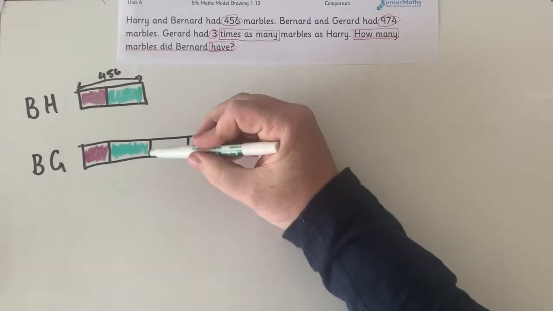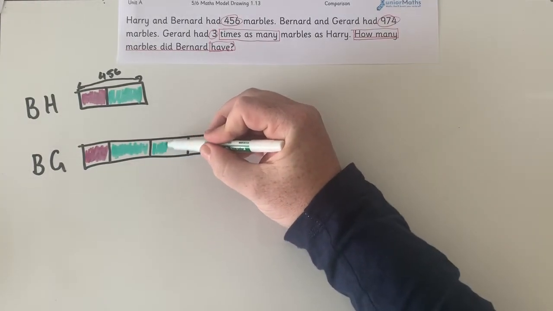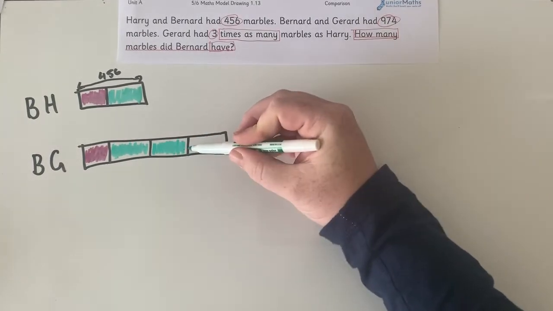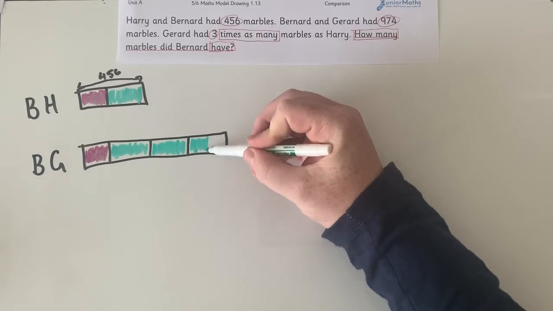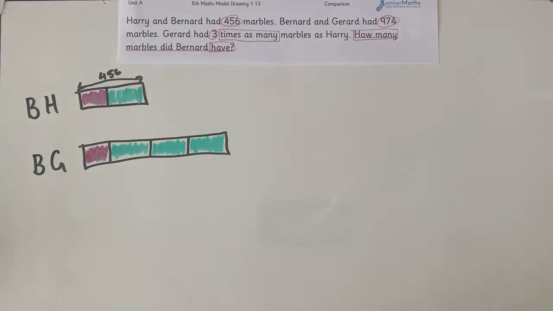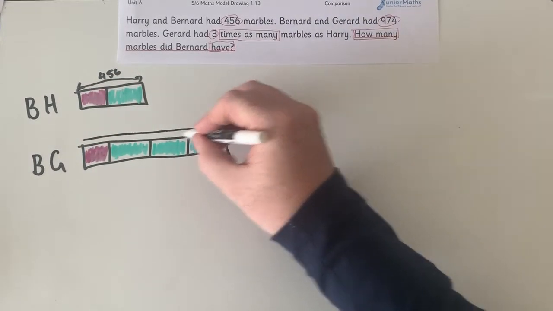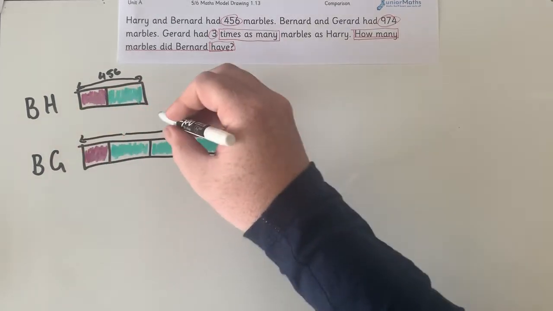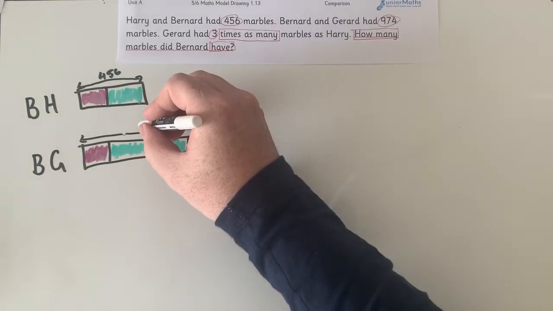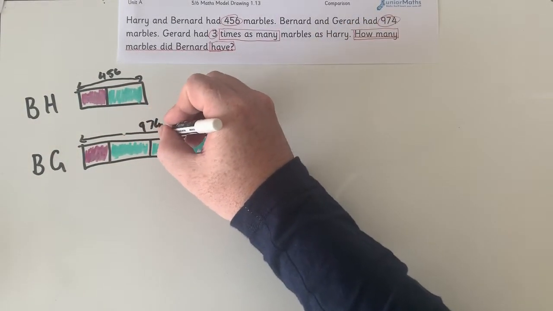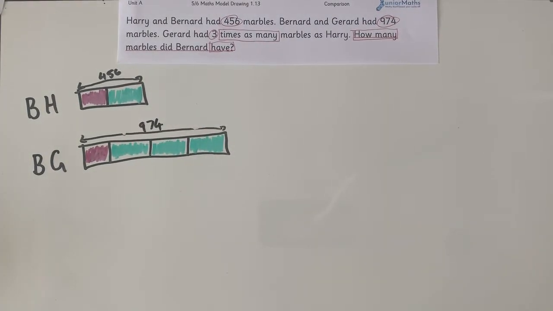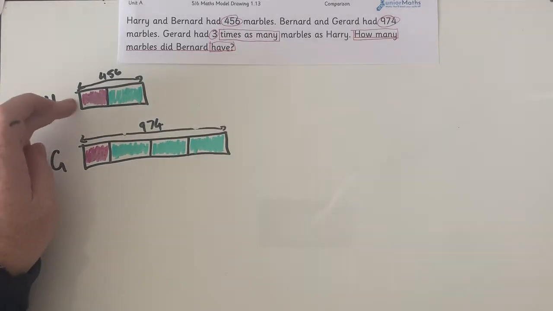To represent it as an equal part, I'm using the same colour. So 974 marbles.